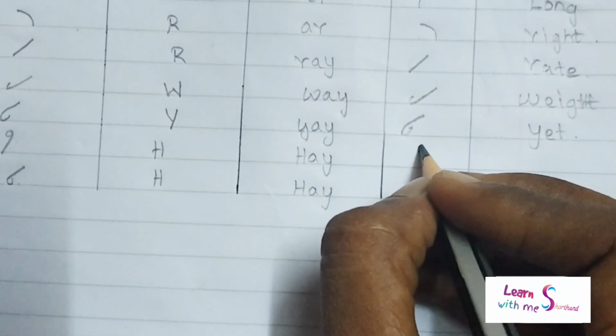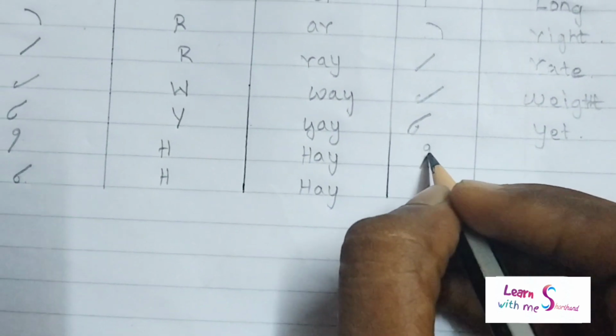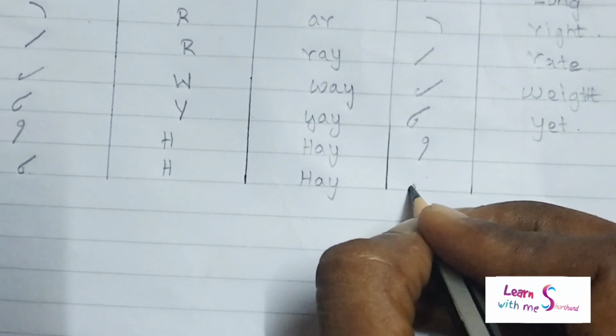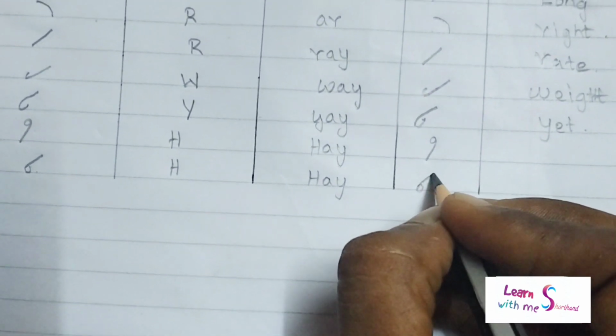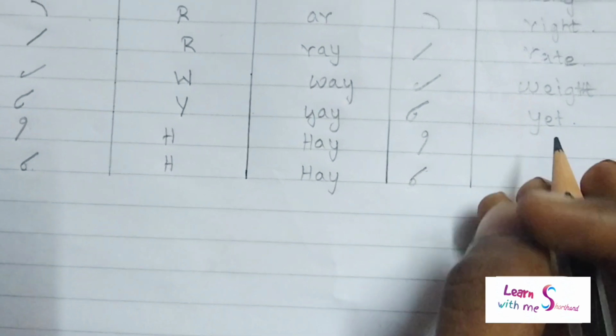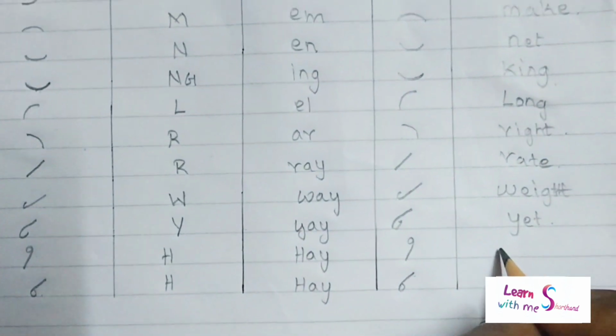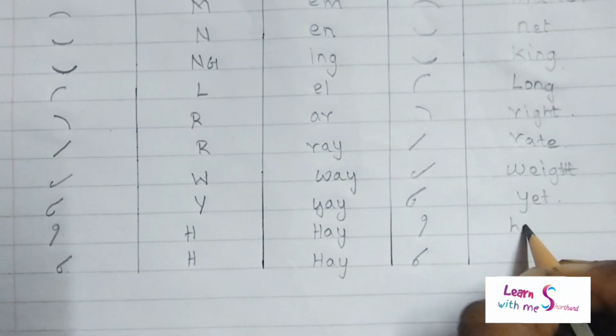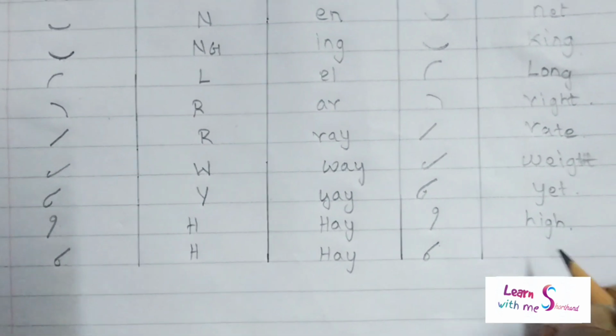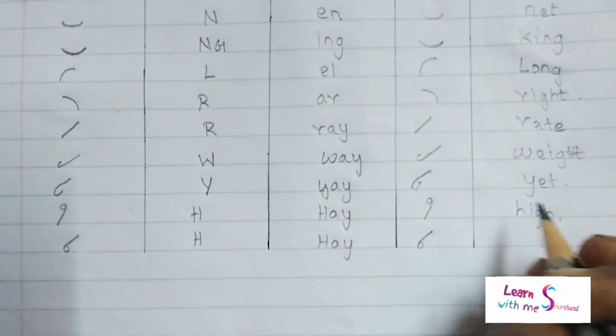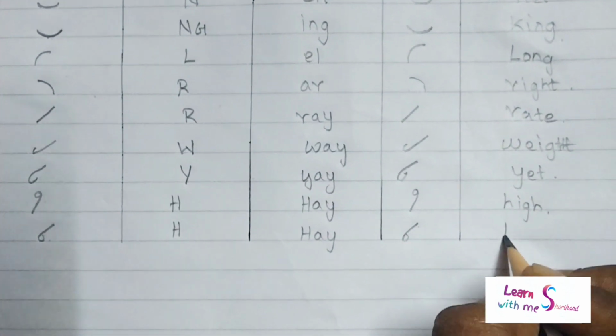Direction is upward to downward. The next hay's direction is downward to upward. The example word for hay is high. For this hay, the example word is hope.